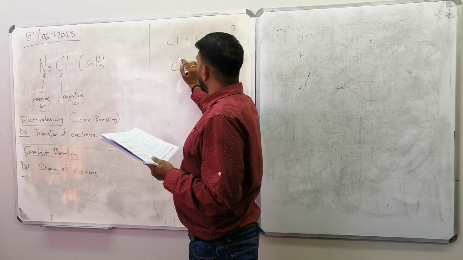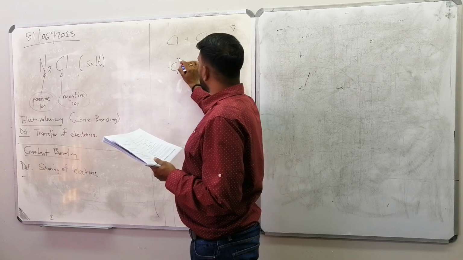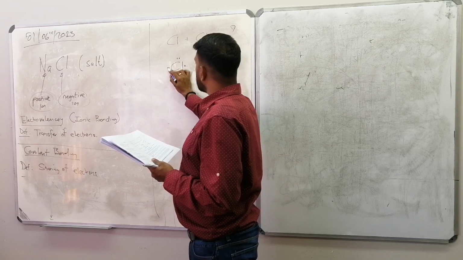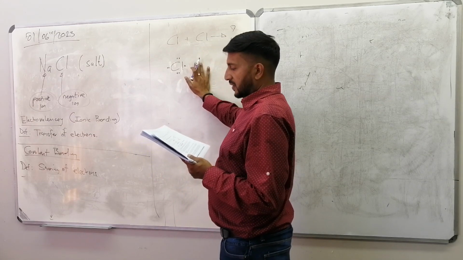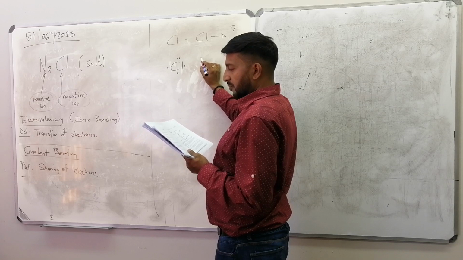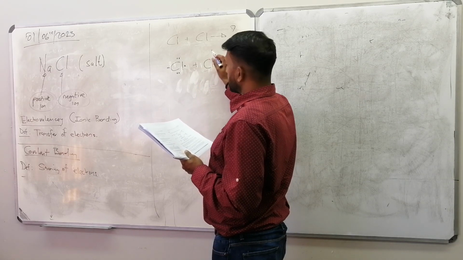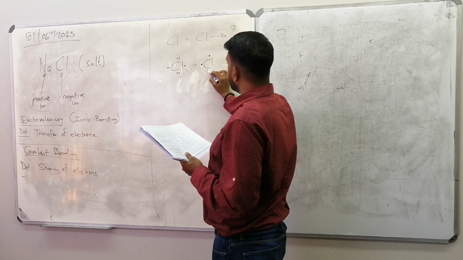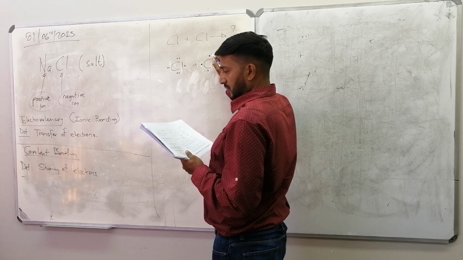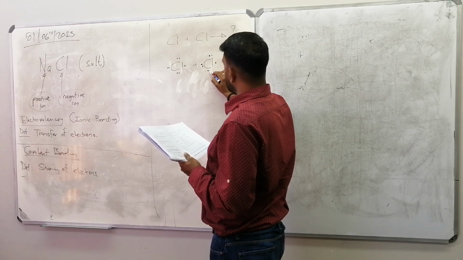You go 1, 2, 3, 4, 5, 6, 7. Now the other one will obviously mimic this. So let's do the other one. It's going to be 1 on the top, 2, 3, 4, 5, 6, 7.